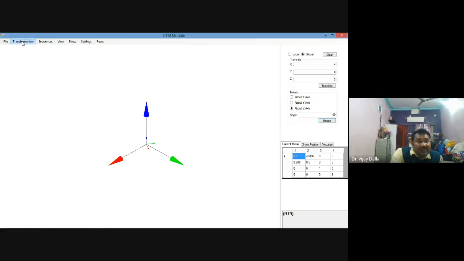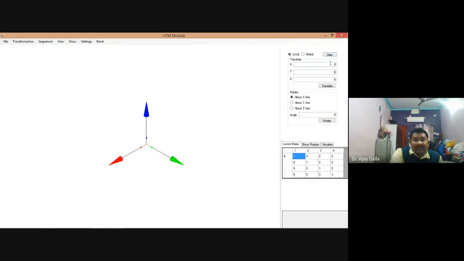If you see the left side and the top, they are the transformations. As I told you, pure translation and pure rotation, and the third may be translation plus rotation.